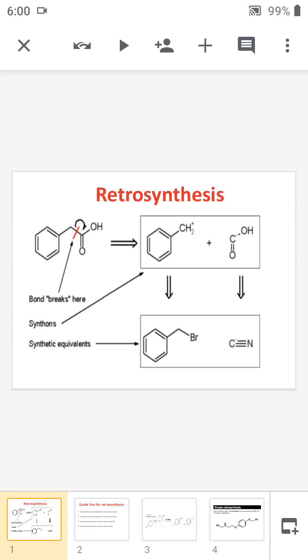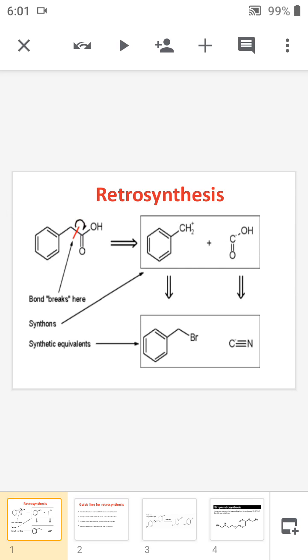Everybody, today we are discussing the next topic, that is the retrosynthetic analysis. So the retrosynthetic analysis, as we discussed earlier, is the reverse process of the actual chemical reaction. See here, for this compound, if you are doing the retrosynthetic analysis, we will get the charged fragments of the target molecule.